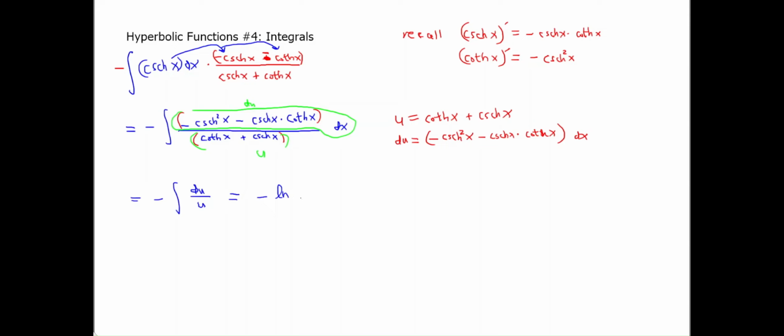So this is negative natural log u. Going back to the x variable, negative natural log of hyperbolic cotangent x plus hyperbolic cosecant x. Now there's that negative on the outside.